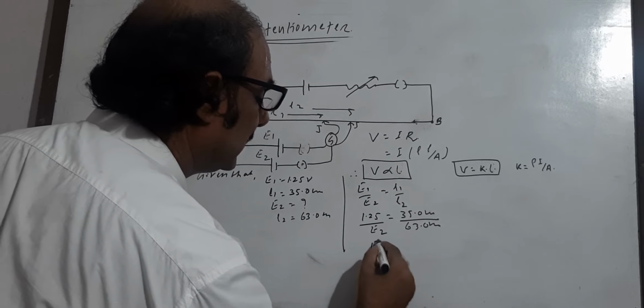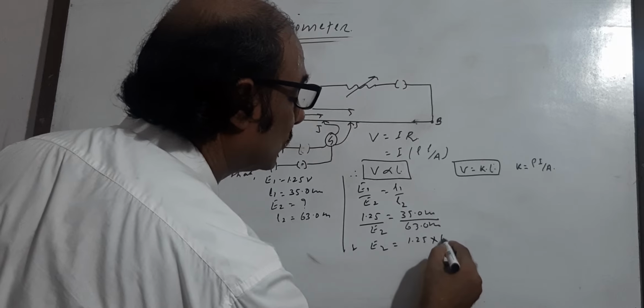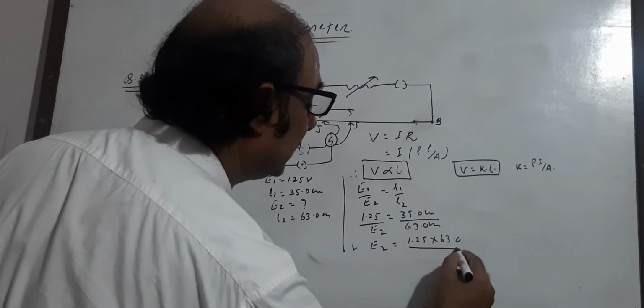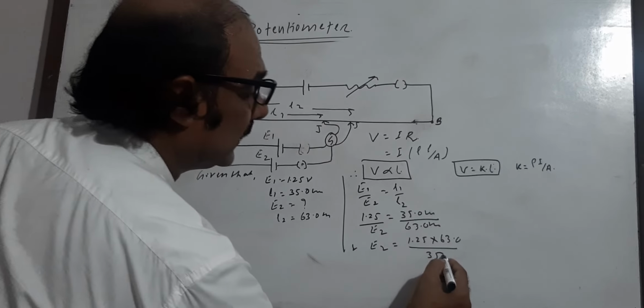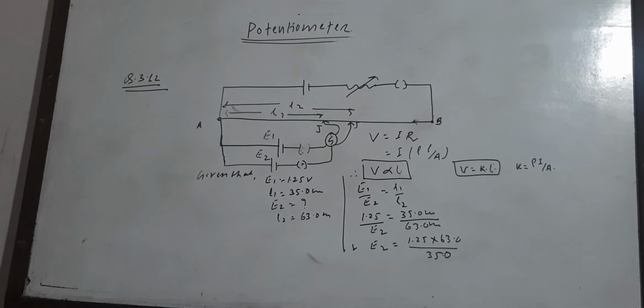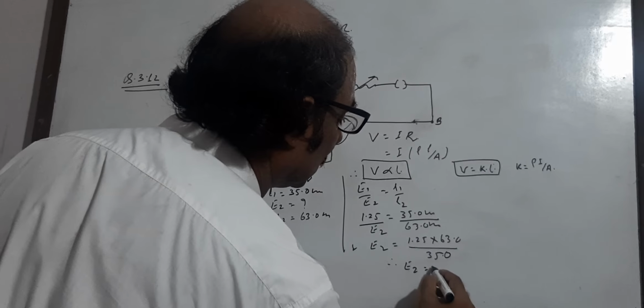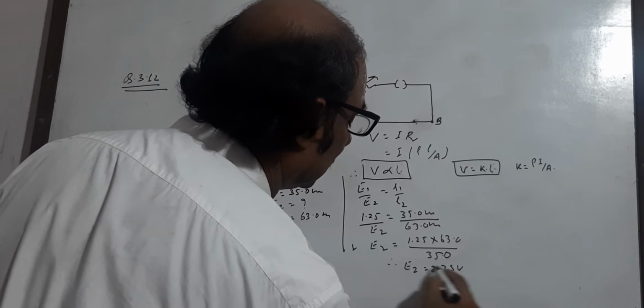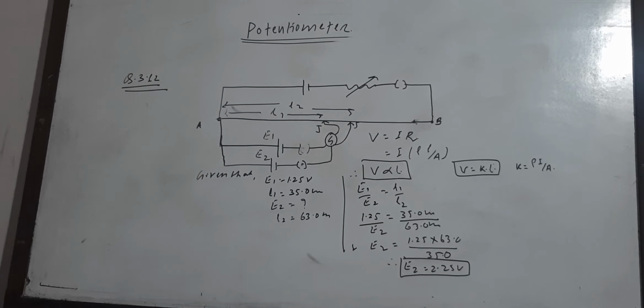So E2 equals 1.25 into 63.0 by 35.0. Now calculate the value of E2, and this comes to E2 equal to 2.25 volt. So this is the solution of question number 3.12.